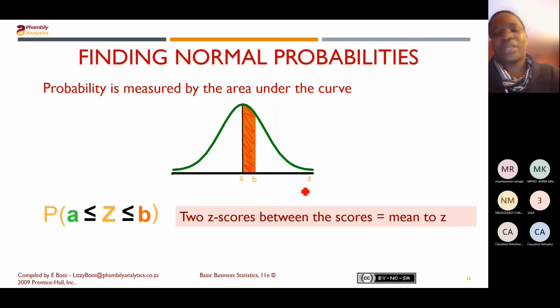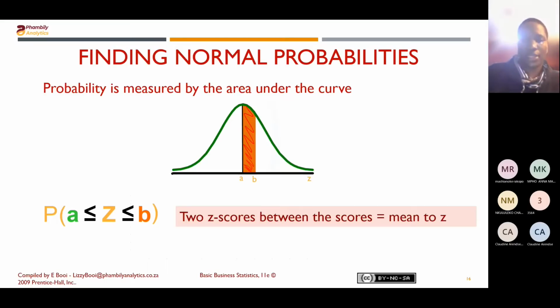It is not 50% of that area or 50% of this area, but this small portion. So you cannot use the smaller portion or the larger portion, because those represent the cumulative probabilities underneath. Therefore, for between, we are going to use mean to Z.